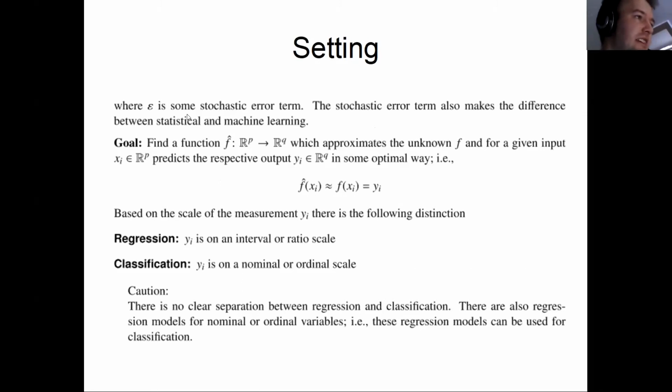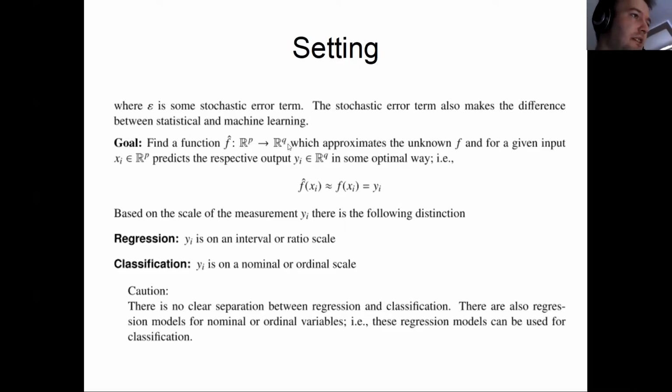If you're a machine learner, you might find this new to you, but statisticians always use this epsilon to signify the random error term that they include.